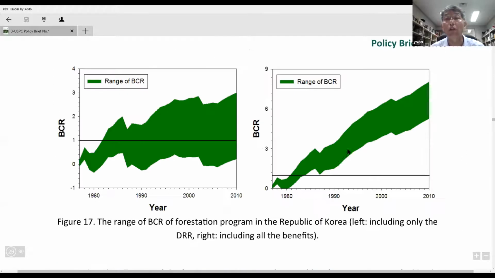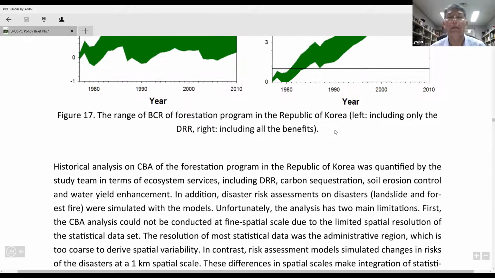Actually, these figures show that when we consider DRR and other benefits, if you invest $1, the benefit would be more than $7 or $8 after some years. In other words, investment in reforestation would be highly economically viable.